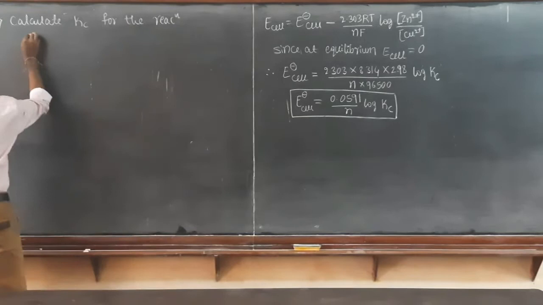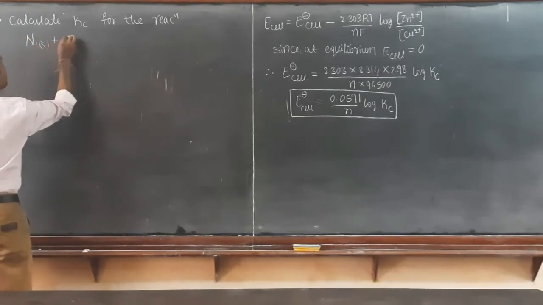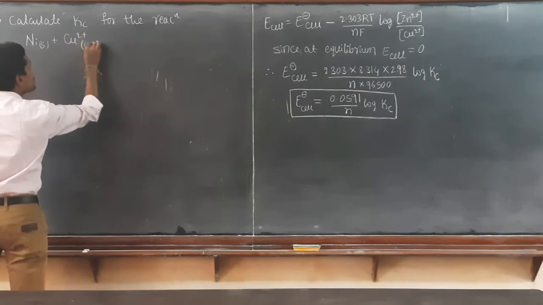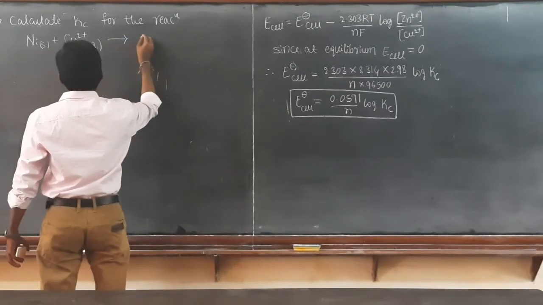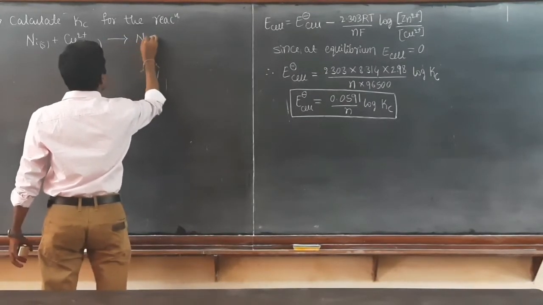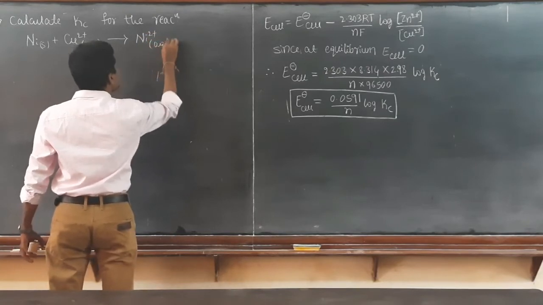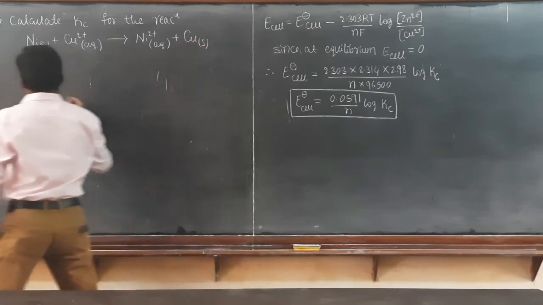So this is the reaction: nickel solid, and copper 2 plus aqueous, becomes nickel 2 plus aqueous, and copper solid.